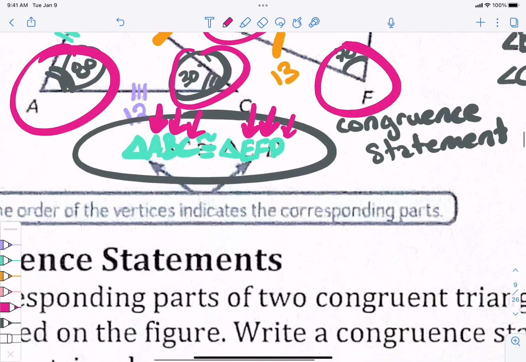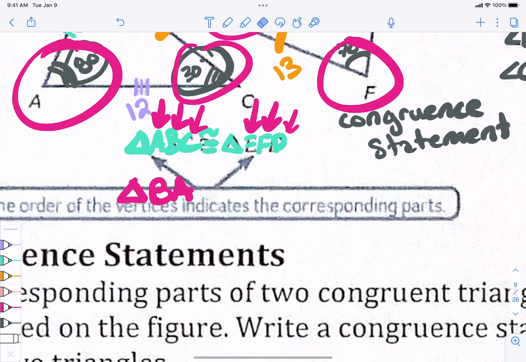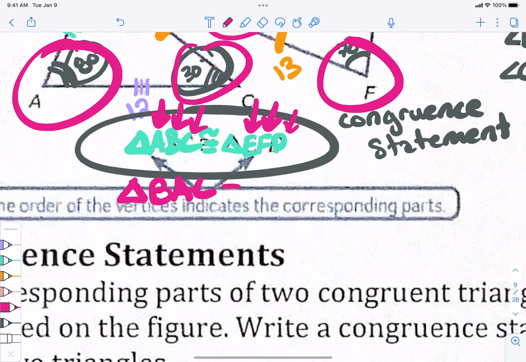Now, when you write out a congruence statement, it doesn't matter what order you put the first one in. Let me give you an example. Let's say instead of calling it triangle ABC, I call it triangle BAC. I don't know why I would do that because ABC just seems to flow, but let's say I mess it up and call it triangle BAC. That's fine. But the second one has to match that then.